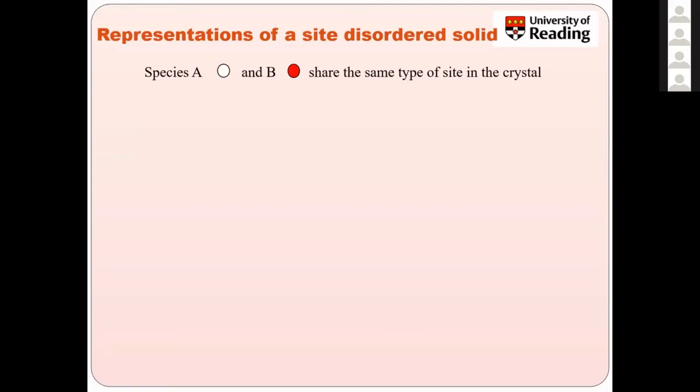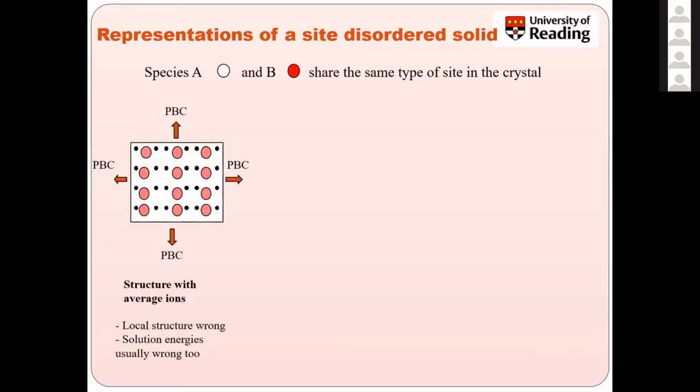First of all, in terms of the representation of the disorder itself, there are three big groups of methods that you can think of. The first one is to define a structure with average ions in some way.